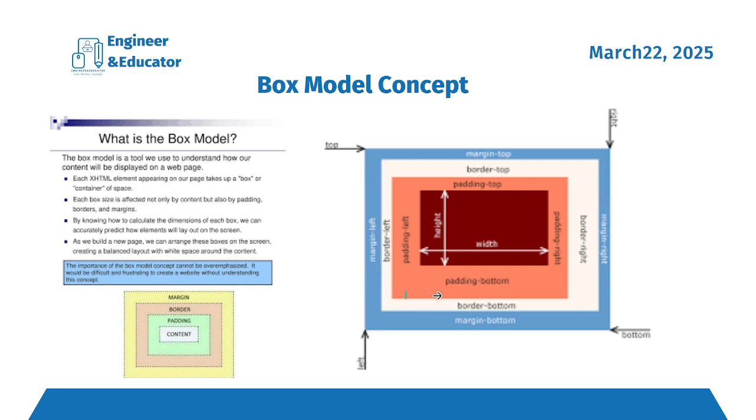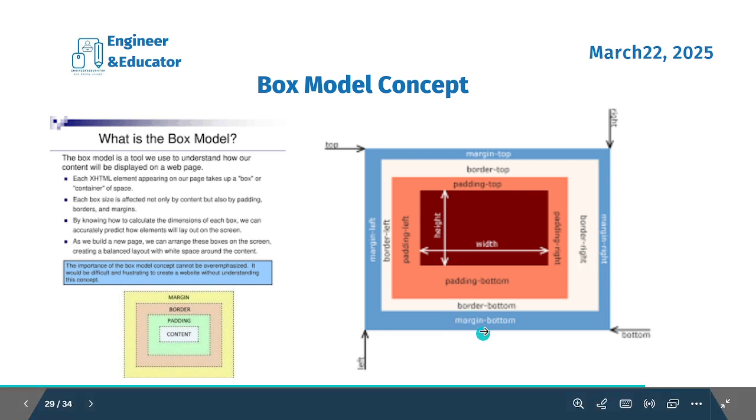So this is a box model, and the content has a height and a width, and how far it is from its border. It has a border also. How far it is from the border is decided by properties like border top, border right, border left, border bottom, margin left, margin top, margin right, and margin bottom. Okay. So it will be very easy for you if you have this box model concept.